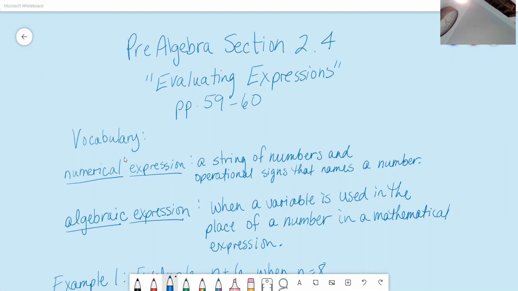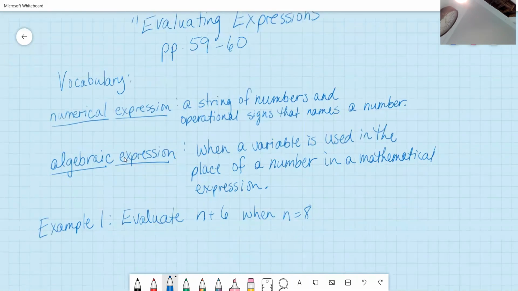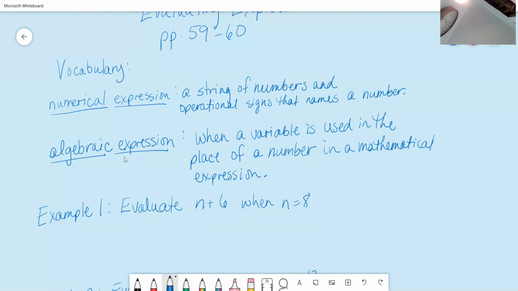Okay, so section 2.4 on page 59 and 60, there's just a couple of vocabulary terms that I want you guys to be familiar with. You don't have to write them out anywhere, but I would like for you to highlight or put a star by them so that you have those for reference. One is called a numerical expression. These we are familiar with. They're right in that paragraph at the top of page 59.